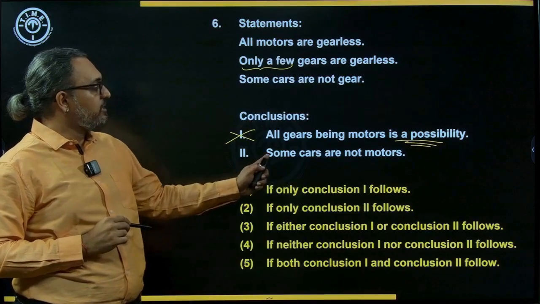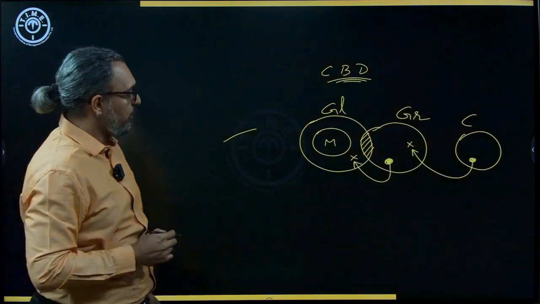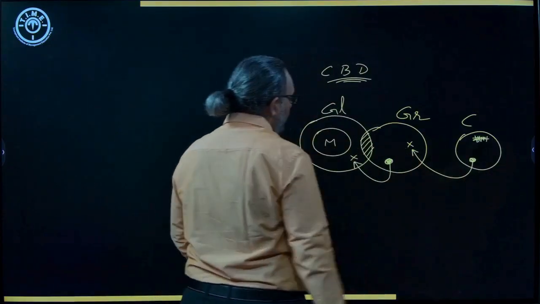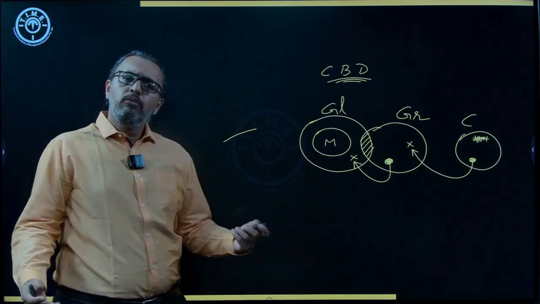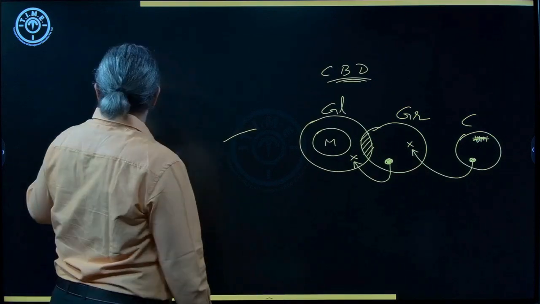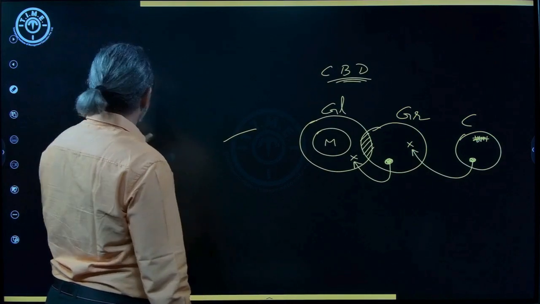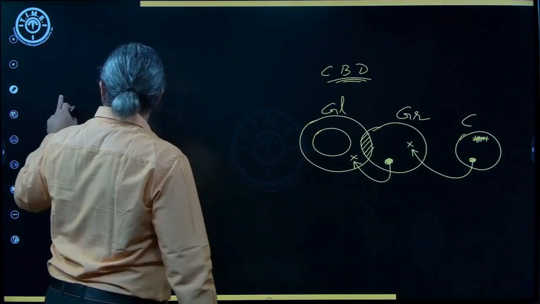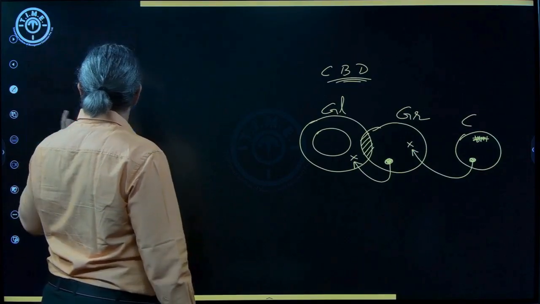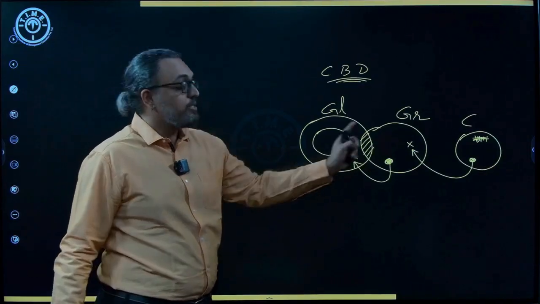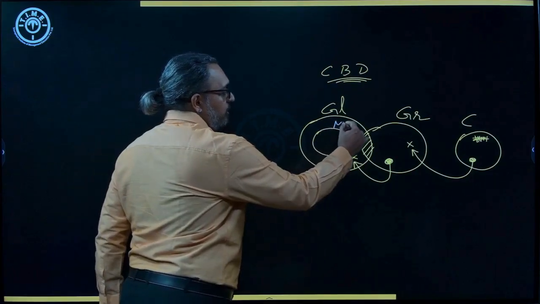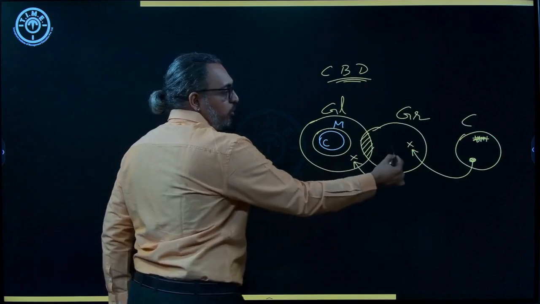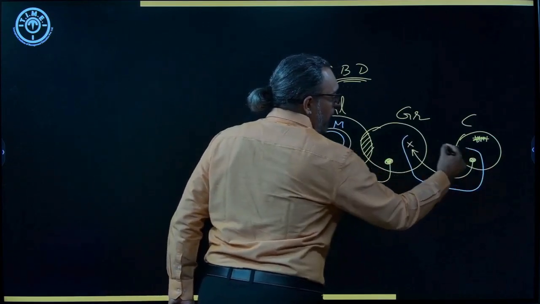Okay. Now the second one, some cars are not motors. See, these are some of my cars that are not motors. So negative satisfies, we take the complementary and draw the complementary diagram. And what is the complementary diagram? We have all cars are motors. See, this is the motor circle. Can I take all the cars inside motors like this? Yes, you can, because my original relation is this one between car and gears.